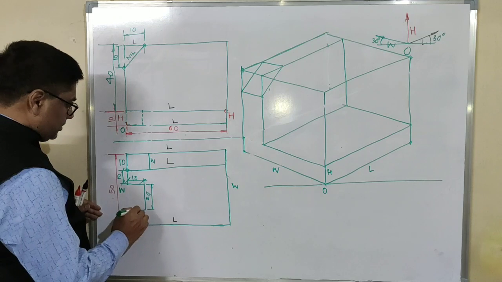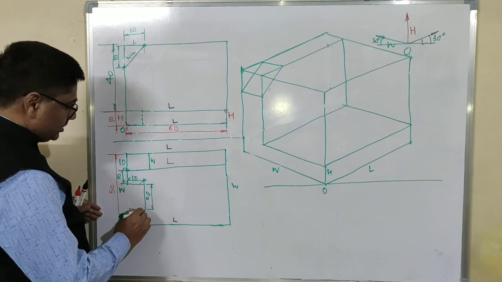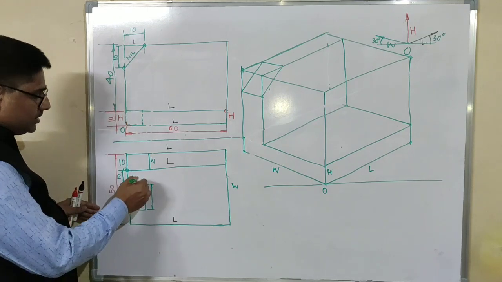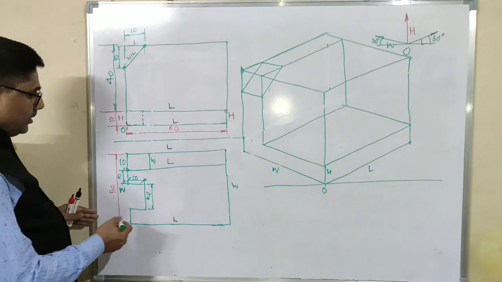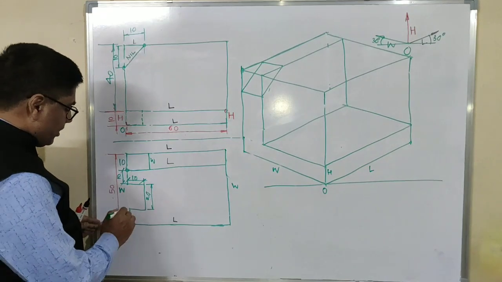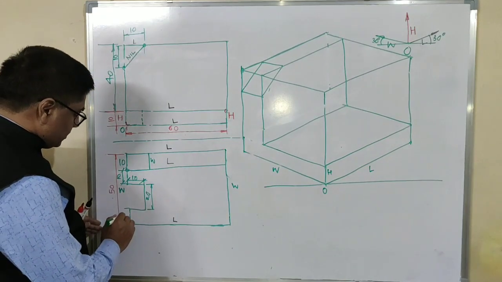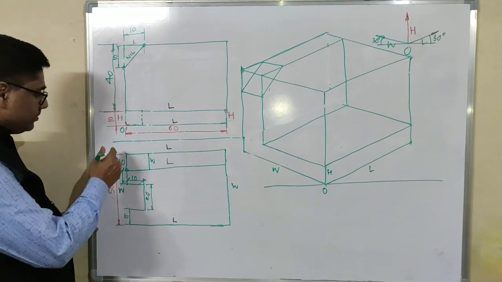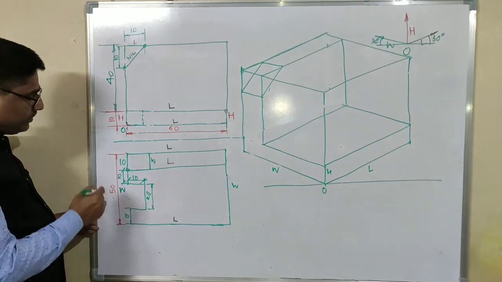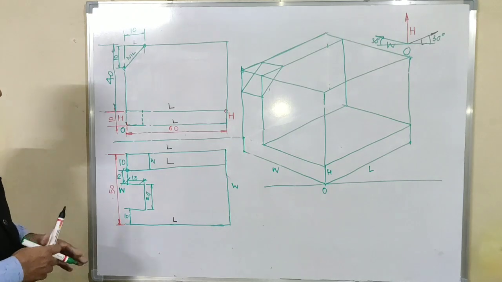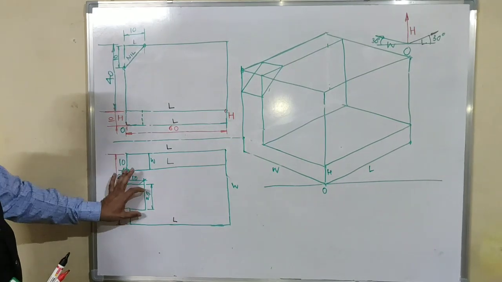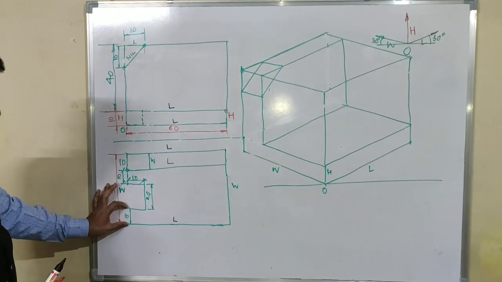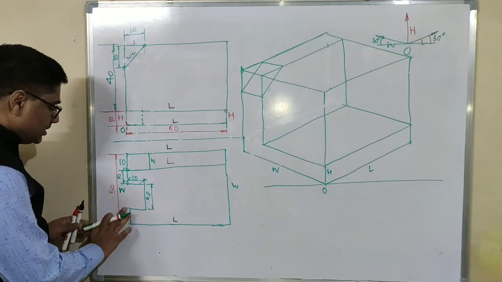And not to mention this dimension, it is again 10, as this is a vertical line which is parallel to width. And let's take this 10, and not to mention, because the total width is 50, 50 minus 10 plus 10 plus 20, that is 40, is 10, and not to mention this dimension.